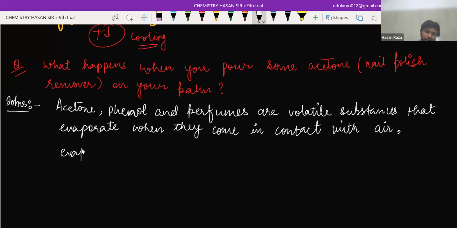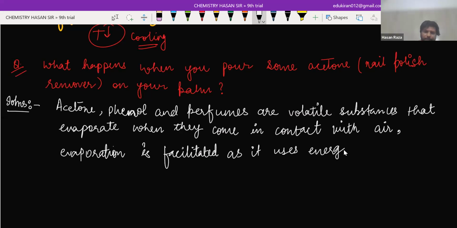Evaporation is facilitated as it uses energy from the palm, which makes the palm cool.